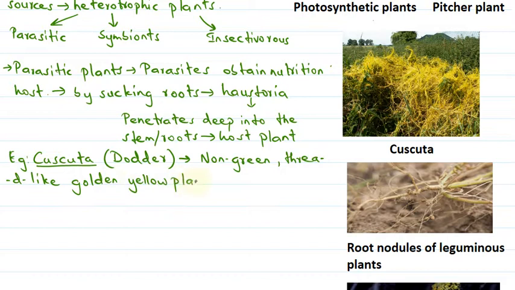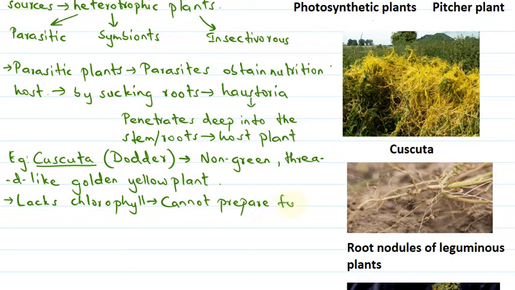It cannot synthesize its own food because it lacks chlorophyll, hence it cannot prepare its food. It obtains its nutrition from the host plant on which it climbs.